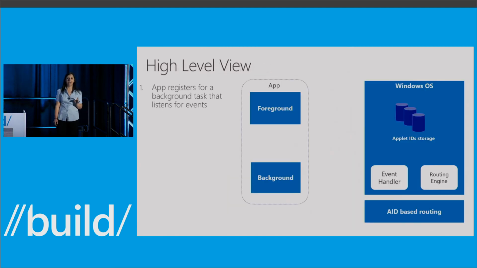I'm going to go through the high-level view of the architecture. On your right side, you see the Windows OS, which will provide three main functionalities for your app. One of them is registration of your cards and persisting those registrations. The other one is conflict resolution.